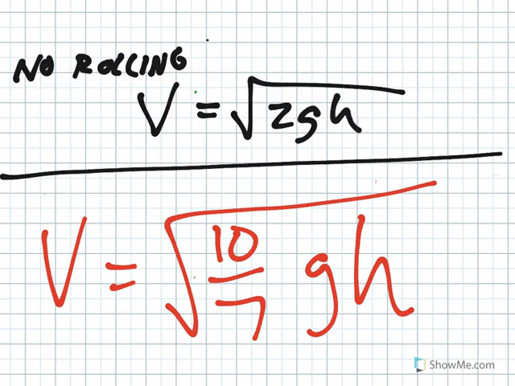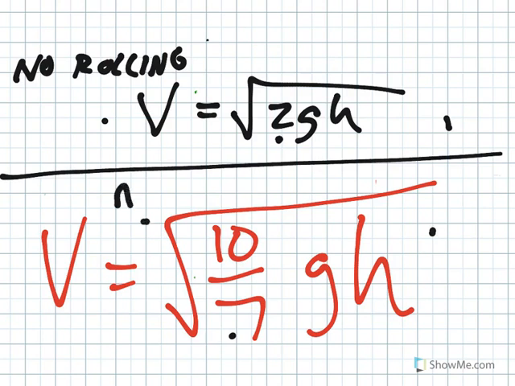And this is whether you drop it and it falls straight down, whether it goes down a curved incline, whether it's a ball on the end of a string swinging through some height h. It applies in a lot of different places. So compare this guy and this guy. This is 2. This is 10/7. That's actually just a little bit less than 2.